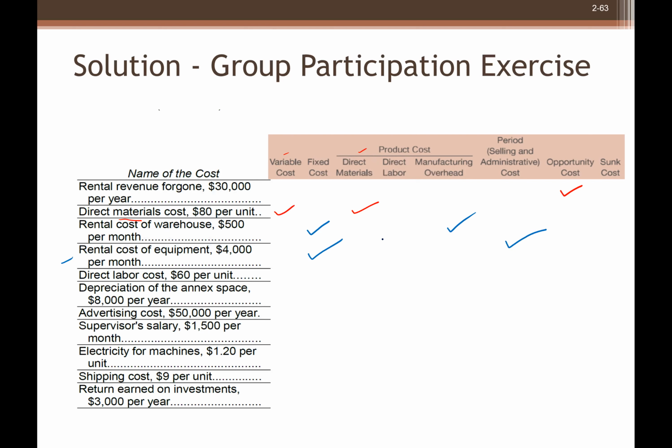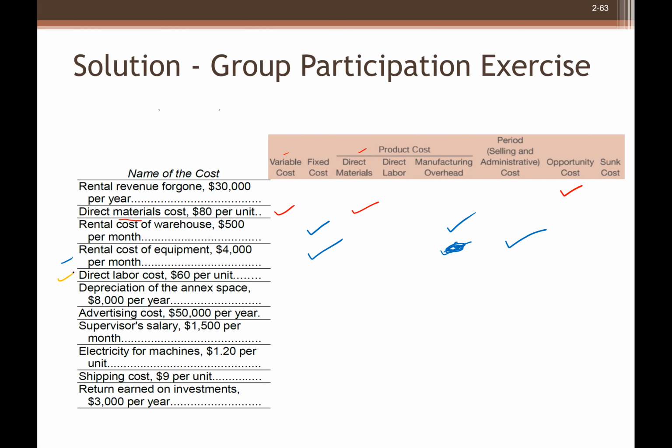If it is the manufacturing equipment, then it would be a manufacturing overhead. Right? The first question is silent. We would consider it as administrative cost. Otherwise, the question will only mention that it is a manufacturing equipment. Okay.